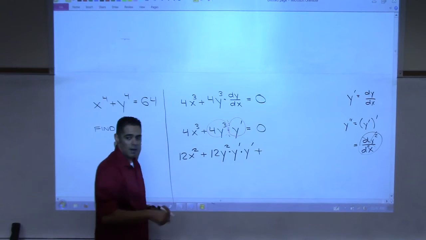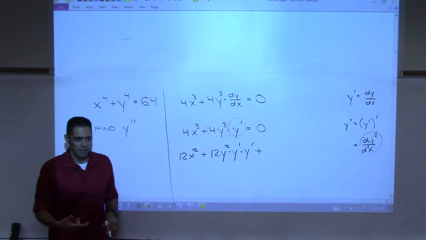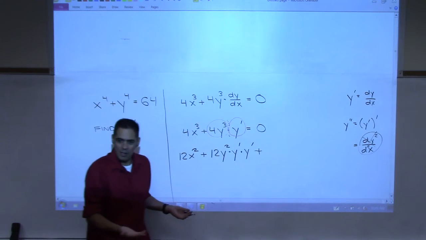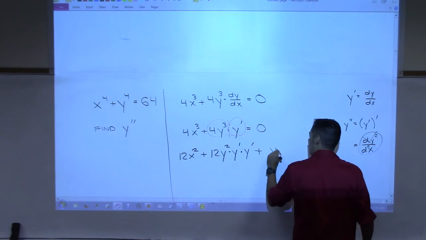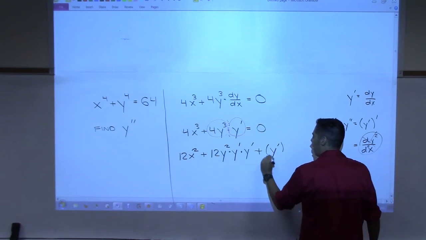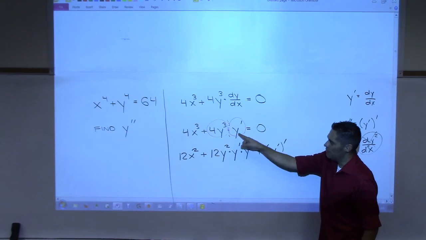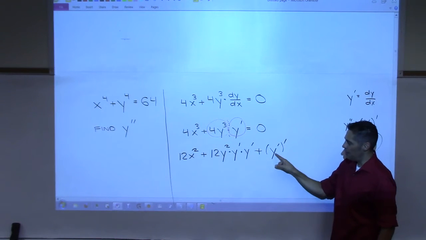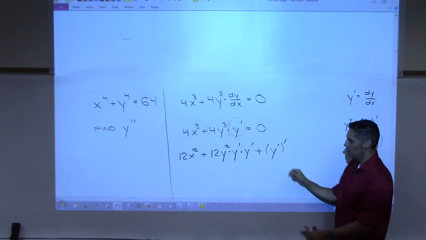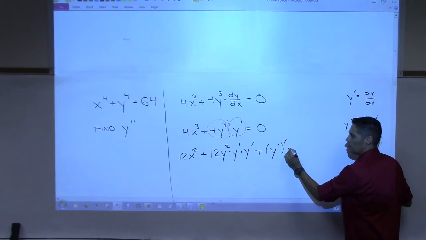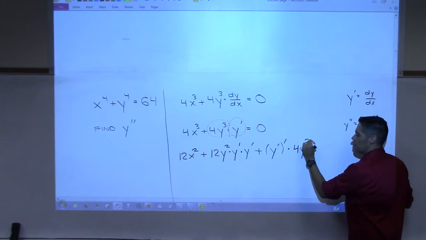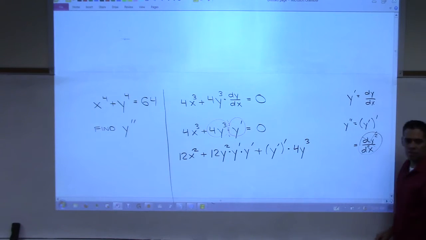What's the derivative of the derivative? That's your second derivative, what we're trying to solve for. So this is y prime prime, just so you can see. I'm doing the derivative of this one, the derivative of that one. Am I done? Times what? 4y cubed. And that finishes off the product rule.